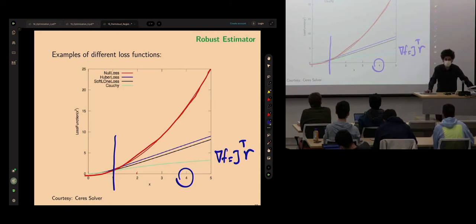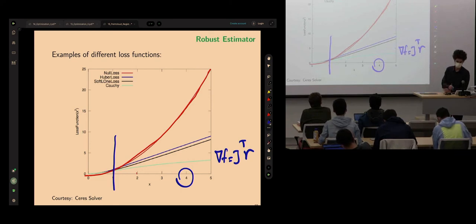The outlier, by definition, does not agree with the model, this distance we're calculating. This will dominate all the good data inliers. We don't want that. This loss function helps us reduce the effect of them, right?